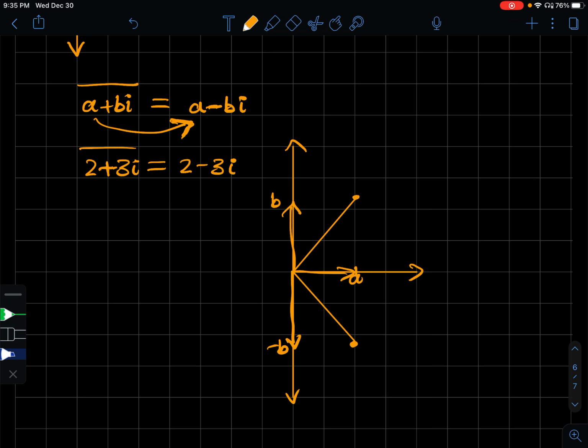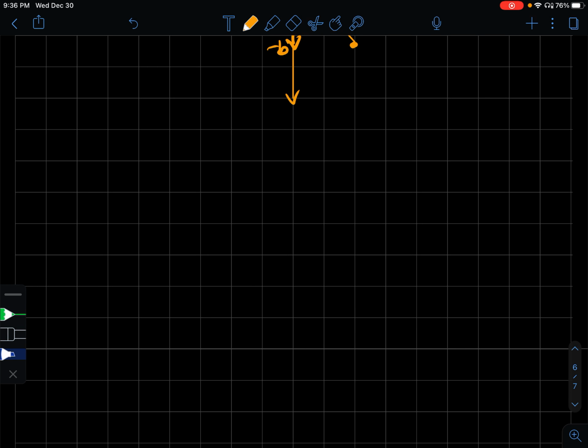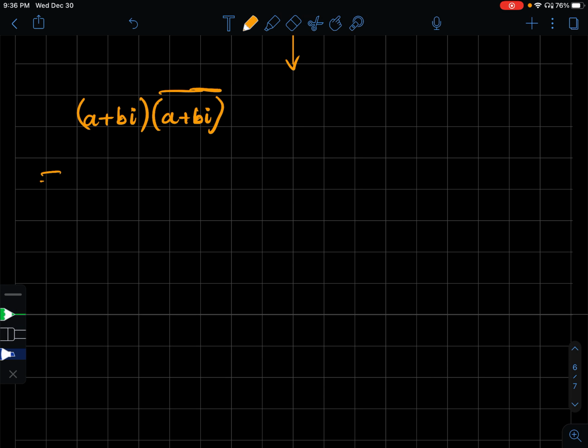Now, let's do something interesting here. Let's multiply a complex number by its conjugate. So I want to multiply a plus bi by its conjugate, which is denoted by a bar above this, right? But we know its conjugate is a minus bi.